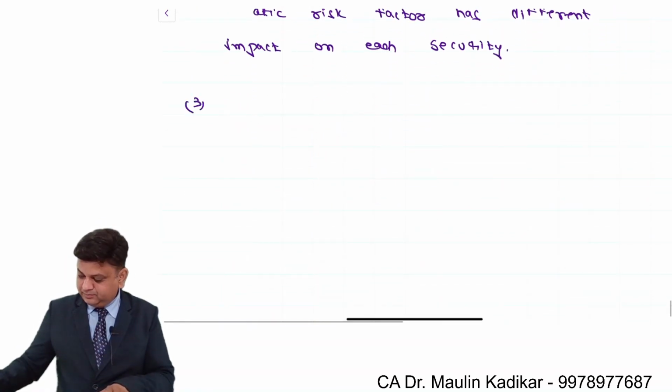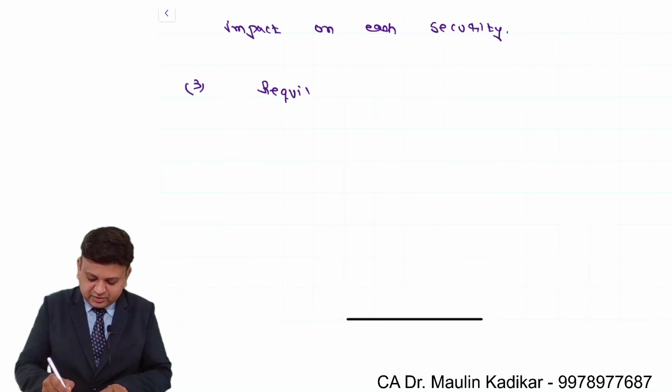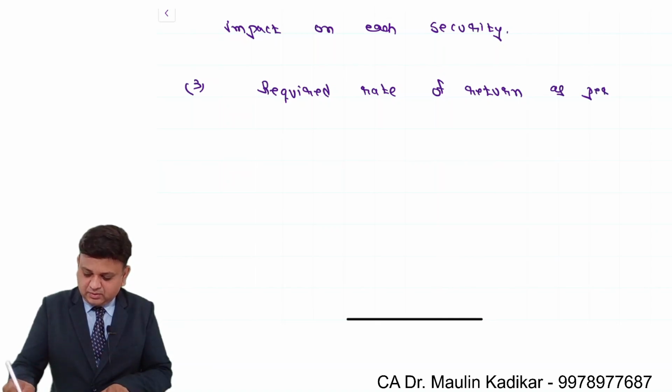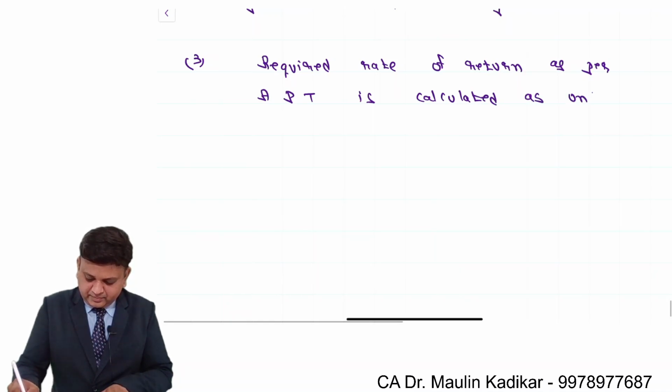Third point: required rate of return as per APT, Arbitrage Pricing Theory, is calculated as under.